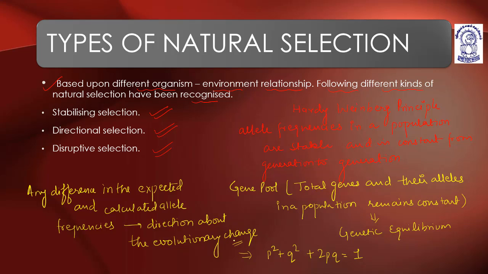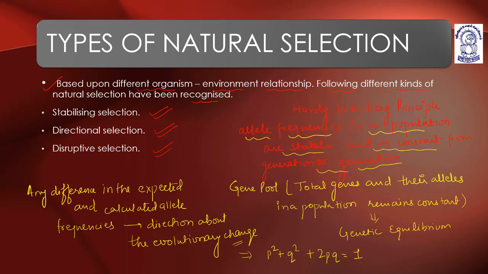So this is the Hardy-Weinberg principle. In the coming slide, I will be dealing with it in detail. Further, to understand the different types of selection, this much is needed. According to the principle, allele frequencies in a given population are stable and remain constant from generation to generation.